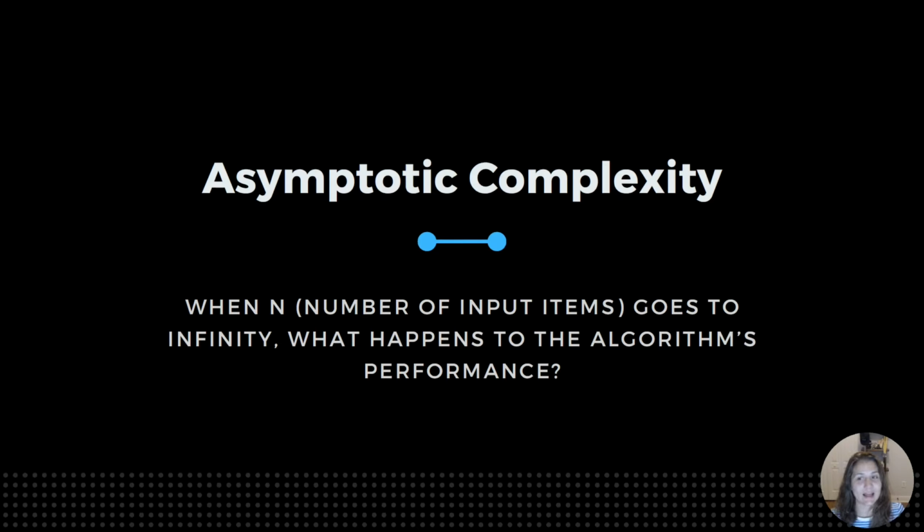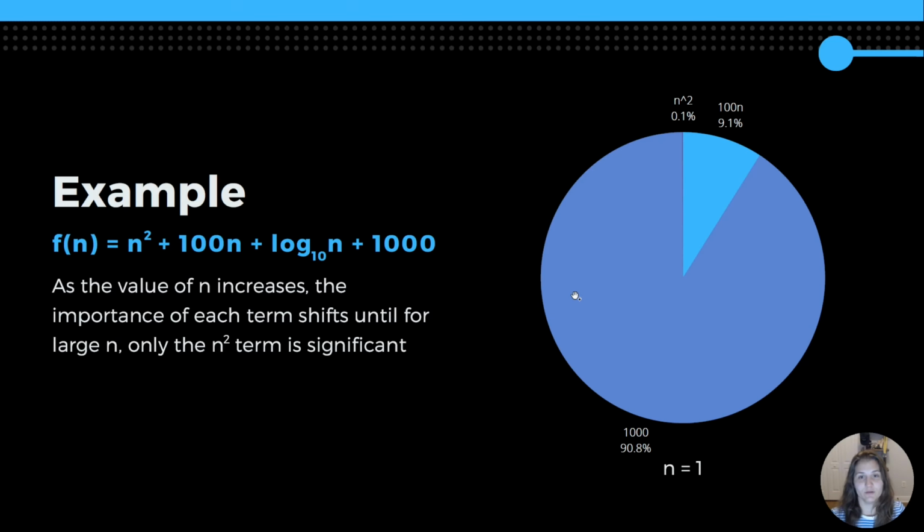So let's look at a working example here. We have a function, which is n squared plus 100n plus log base 10 of n plus 1,000. As the value of n increases, we're going to see a shift in importance.